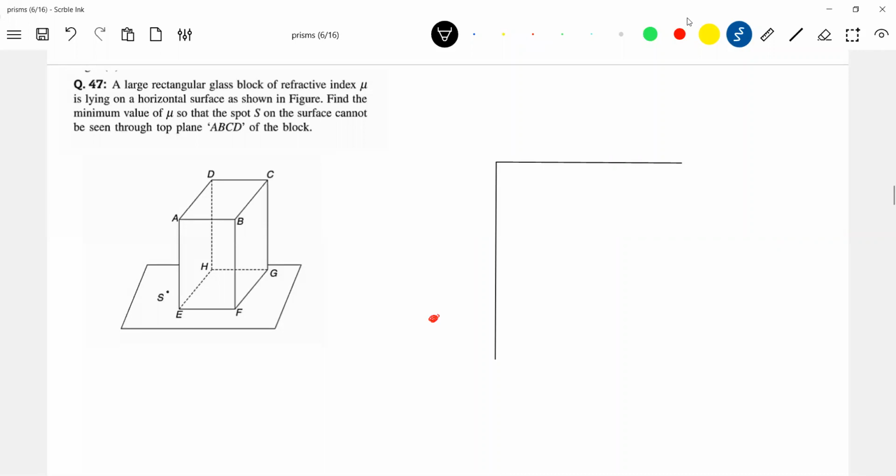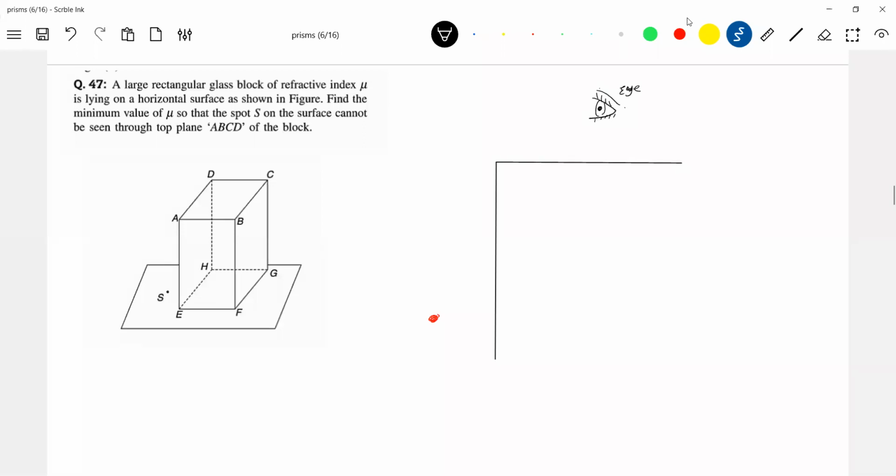The human eye will be... okay. There's a human eye. It should not be able to see the spot. So the rays, what happens after refraction?